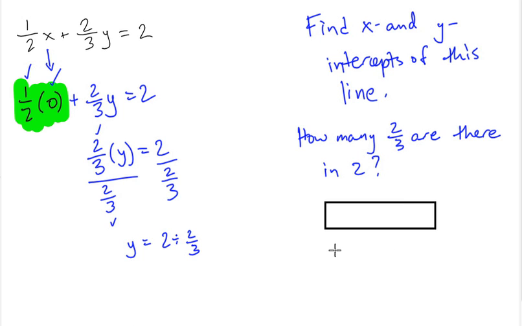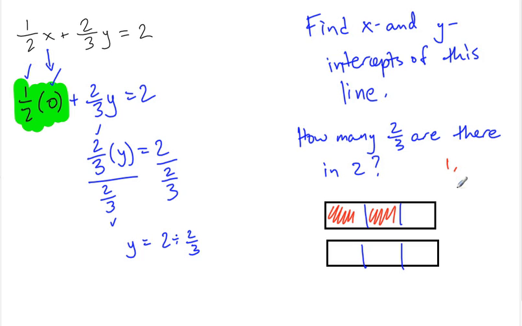I don't know. Let's see. Let's make 2. Let's divide it into thirds. And let's start to color them in. There's a 2/3 because it's 2 out of 3. So there's 1. Different color. There's a 2/3 because it's 2 of a third.